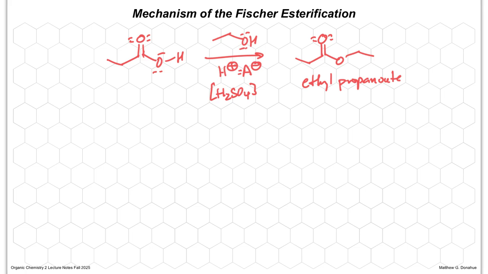So even though we have a carboxylic acid with a pKa of 5, we're also in the presence of sulfuric acid that has a negative pKa. So we're going to use the carboxylic acid as a base that gets protonated by the sulfuric acid.